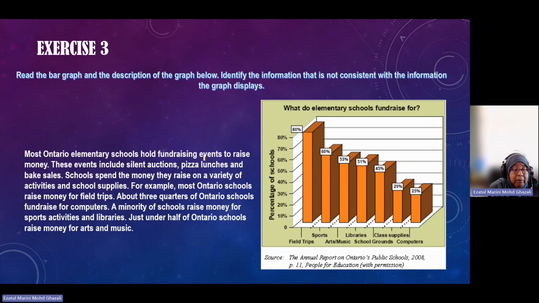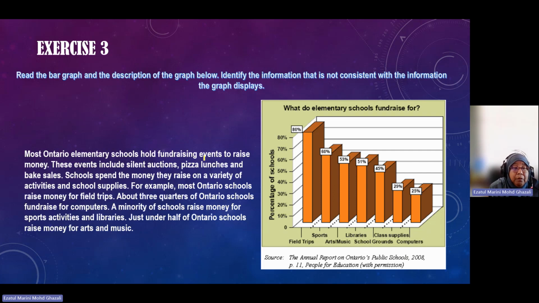Schools spend the money they raise on a variety of activities and school supplies. For example, most Ontario schools raise money for field trips. Is this information consistent with the graph? Yes, because most means almost all. So 80% is counted as most.